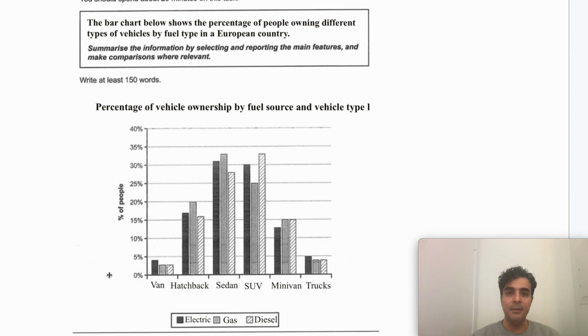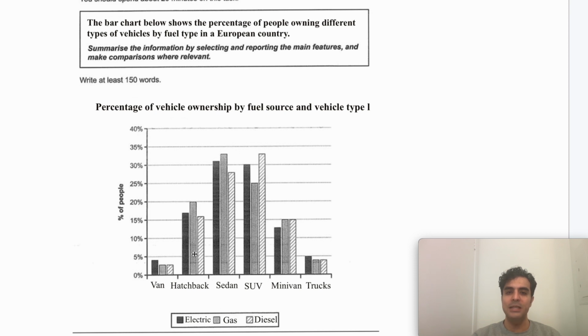I've checked out everything. Okay, now it's time for me to pick a random part of this chart and describe it in simple terms. I'm going to go with this bar here. You can see it here. So it's hatchback, 20%, and gas. Okay, so hatchback, 20%, and gas.